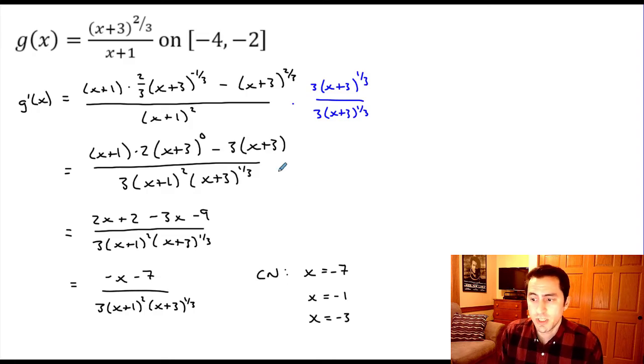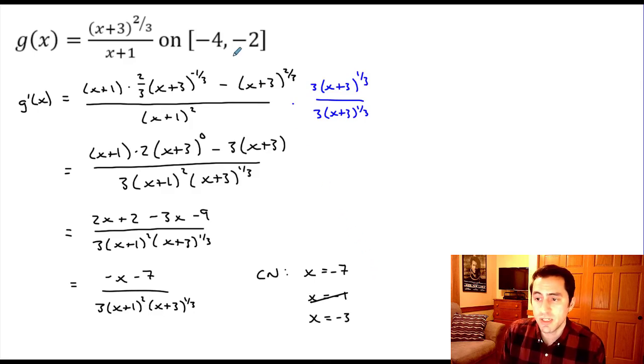The first thing, a critical number also has to be a part of the domain of the original function. Negative 1 is excluded from our domain, so this one is not a critical number, so I don't have to worry about that. The second thing, when I'm going to test these values for absolute maximums or absolute minimums, I just need the ones that are within this interval.